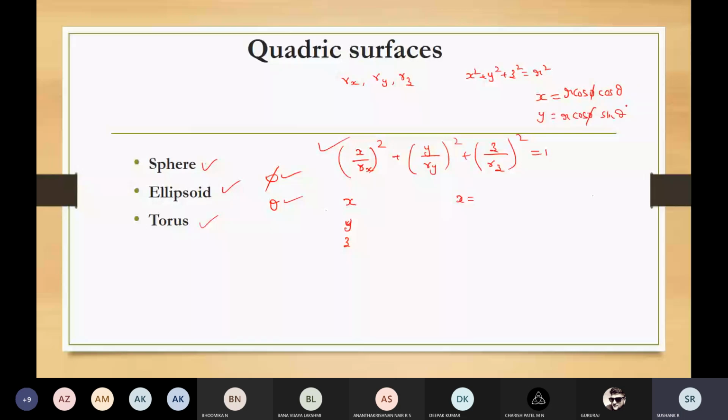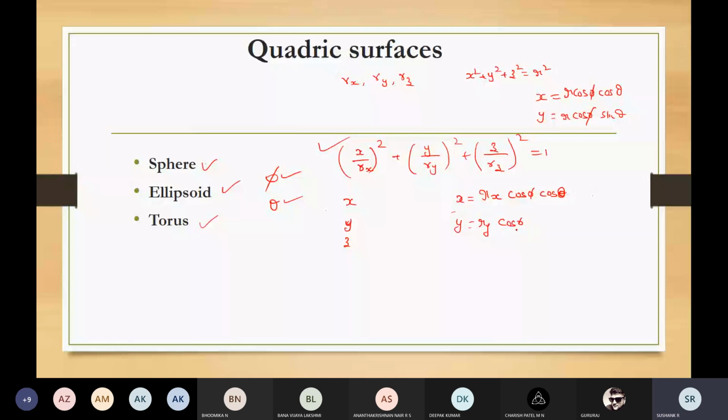So we can represent the parametric form with respect to the latitude angle and longitude angle, where x is given by, instead of r, rx cos phi cos theta, y is equal to ry cos phi sin theta, and z is equal to rz sin phi.